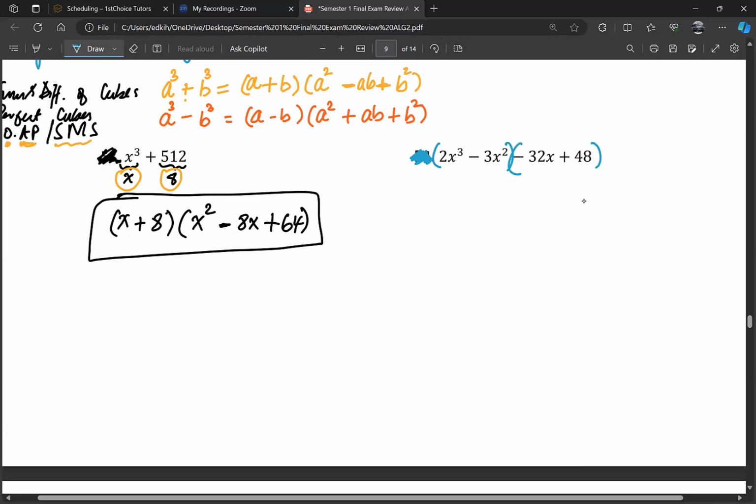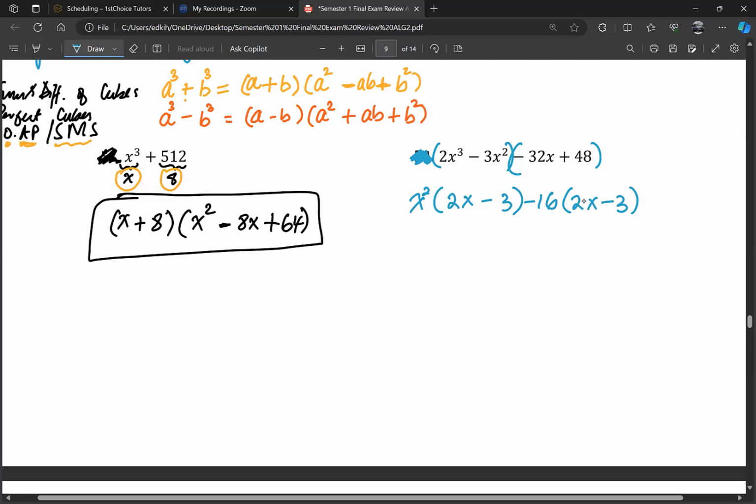Okay, we have 4 terms, so we use grouping. Take out the GCF in this first parenthesis. X squared is what they have in common, which leaves us with a 2x minus 3. Second parenthesis, we have a negative 32 and a 48. The GCF there is negative 16. So you have a 2x minus 3.